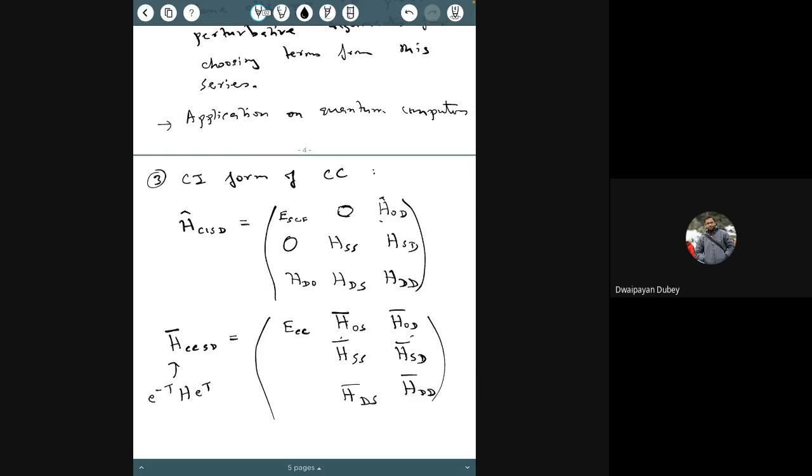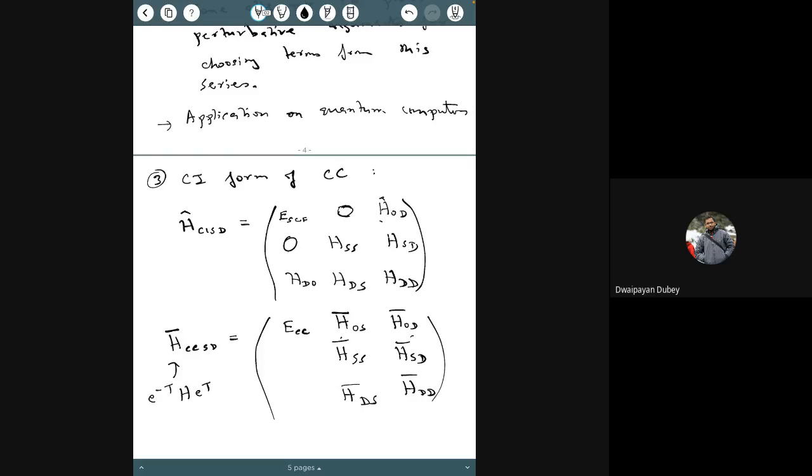Here, 0s is basically when I am projecting the... Here you have the excitation operator.